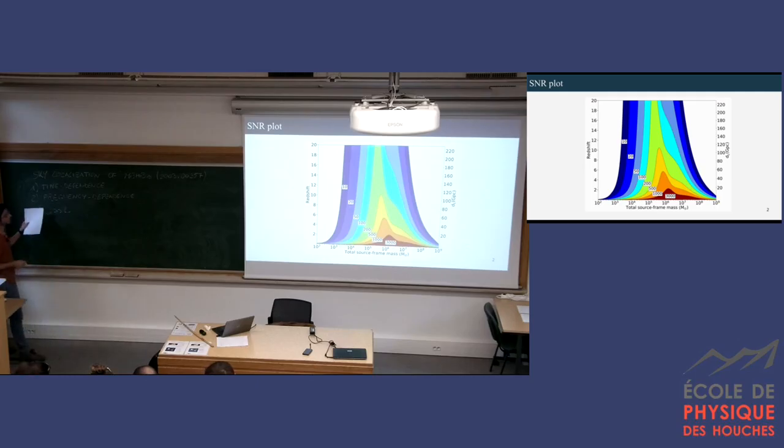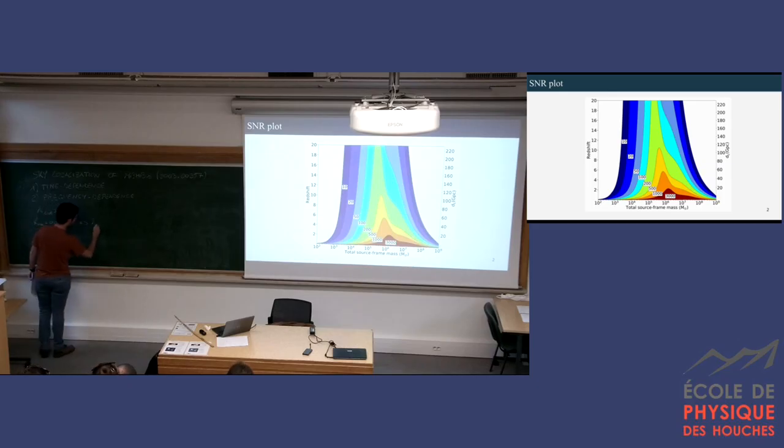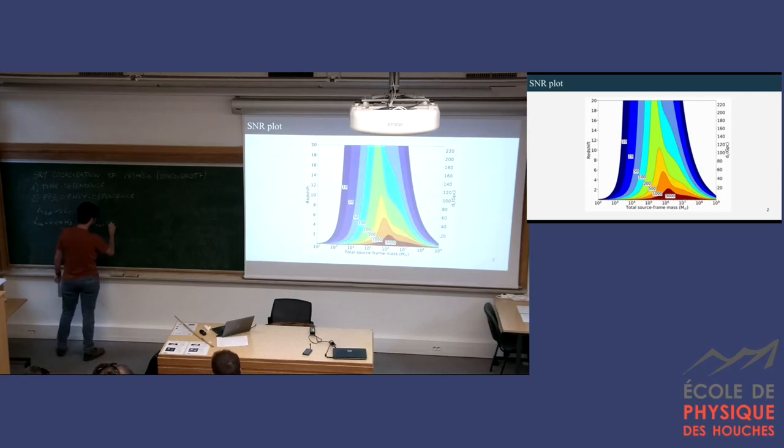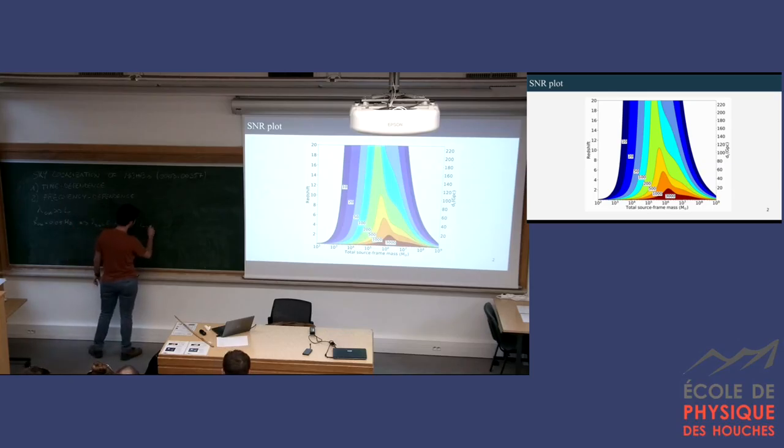However, this is not true anymore in LISA, and you can see it quickly. For example, if you take a gravitational wave of frequency 0.05 Hertz, you end up with a wavelength of the order of 6 times 10 to the 9 meters. And again, if you're familiar with LISA, its arms are of the order of 2.5 times 10 to the 9 meters.